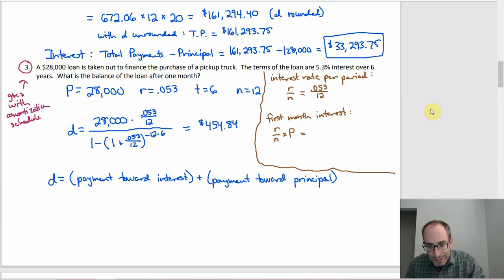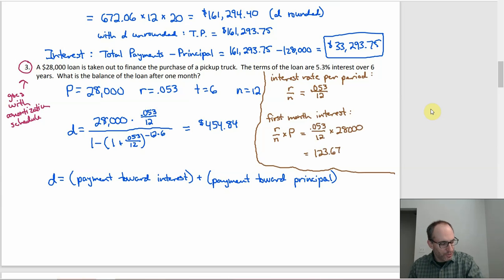If we haven't made any payments yet. So then we're going to have 0.053 over 12 times 28,000. And what that is, 123.67.